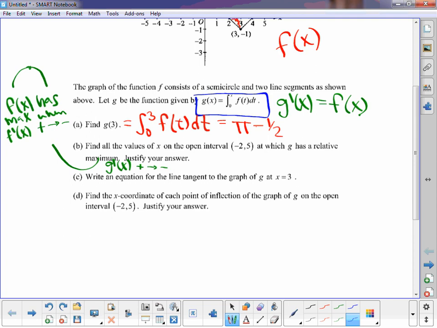It's that FTC part 1. So then when it says find all the values of x on the open interval at which g has a relative maximum, we want to know when g prime of x changes from positive to negative, which for us is really when f of x, because that is g prime of x, changes from positive to negative. That's how we can use the chart or the table, the graph, to help us.